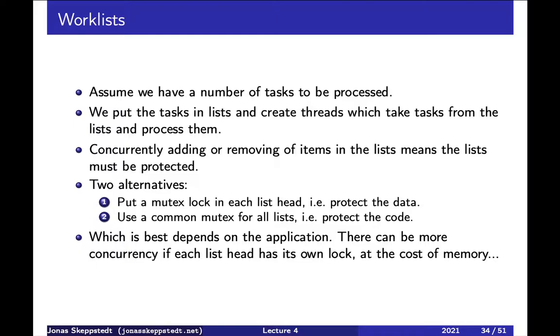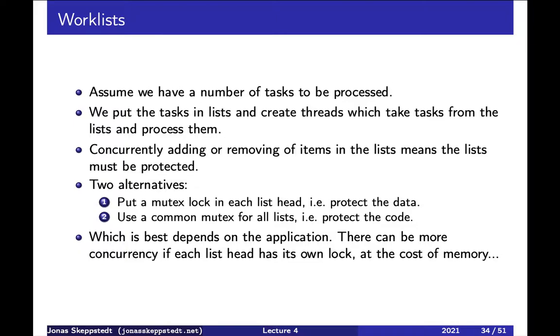So this is a practical concern. And this applies to every language of course, we can either protect data or code, and usually it's better to protect the data. It allows more parallelism, but it requires more mutexes.